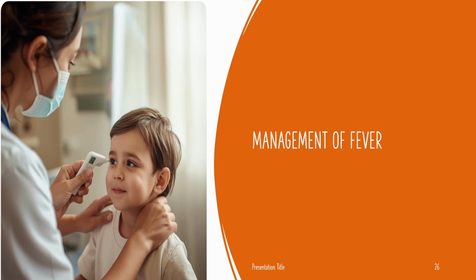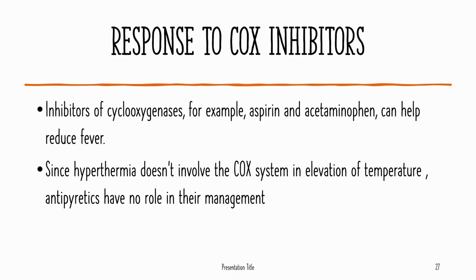And how are we going to manage fever? You have to know that in the febrile response, COX is involved. Production of prostaglandins needs COX; arachidonic acid is converted into prostaglandins by these enzymes. So you inhibit these COX enzymes with COX inhibitors, which we call antipyretics.